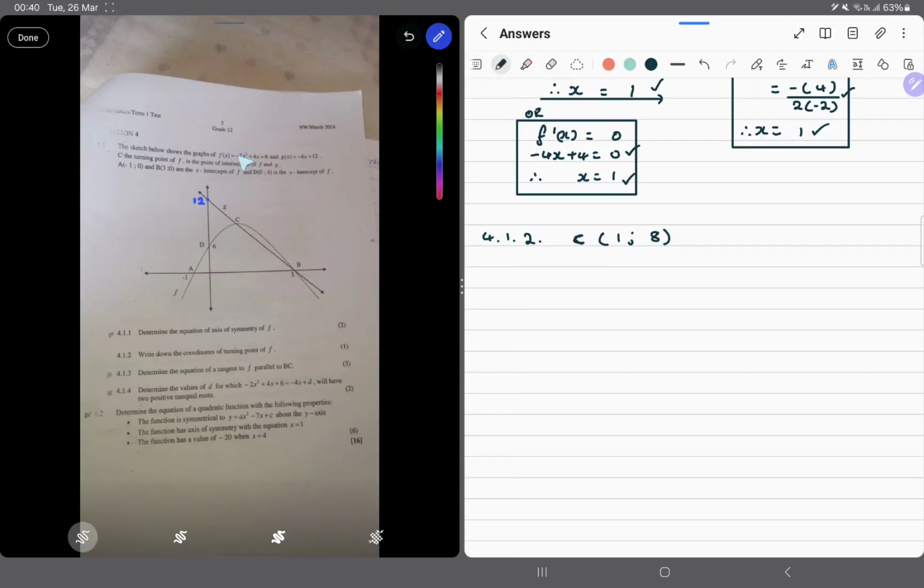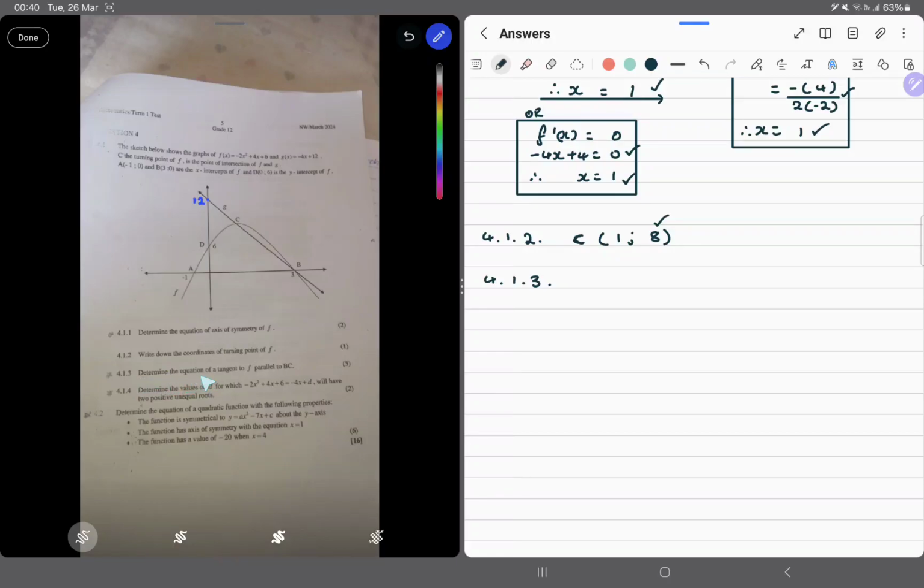Or we substitute into the original equation, 2 into 1 is minus 2 into 1 squared is basically minus 2. 4 into 1 is going to be 4. So minus 2 plus 4 is 2. 2 plus 6 is 8. So that's great. So actually the mark is in determining that one. But the question said write down, so you get your mark even if you don't show how you calculated that.